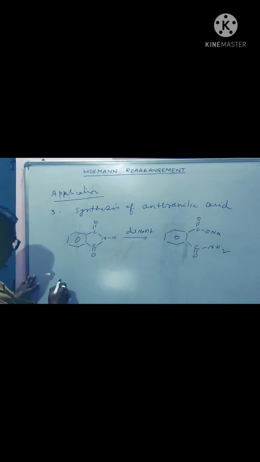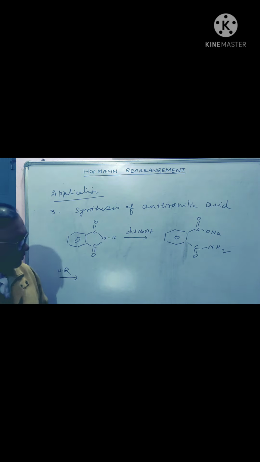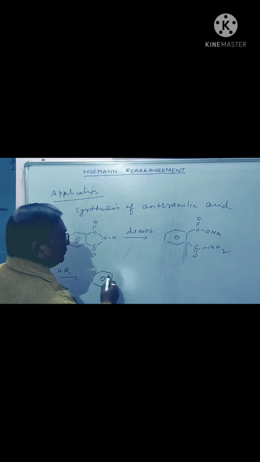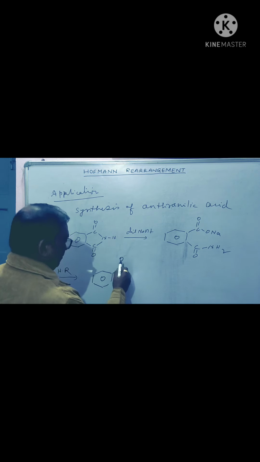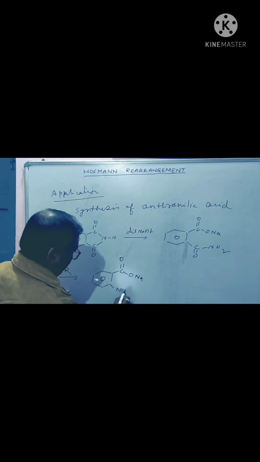When Hofmann's rearrangement is allowed, means it is heated with sodium hydroxide and bromine, then you will get C double bond O, ONa, and here NH2.